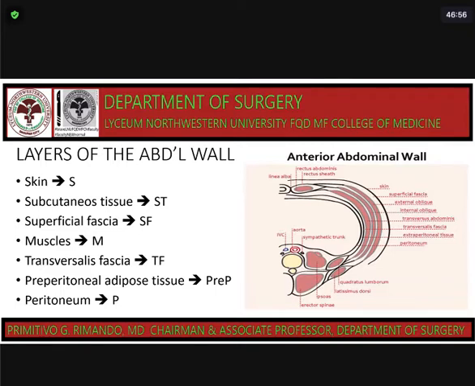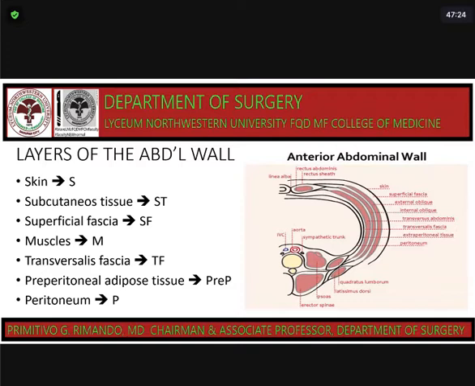Under your subcutaneous tissue, you have your superficial fascia. We have two of those, your Camper's and your Scarpa's, and then the different muscles, and then your transversalis fascia. After your transversalis fascia, you already have your preperitoneal adipose tissue, and you are already in your peritoneum.